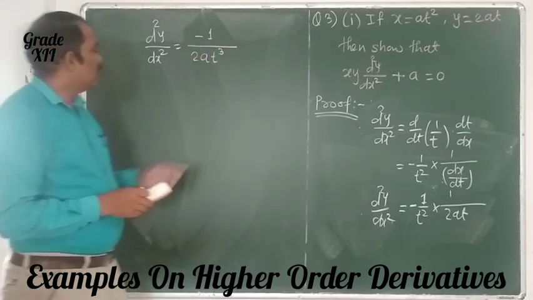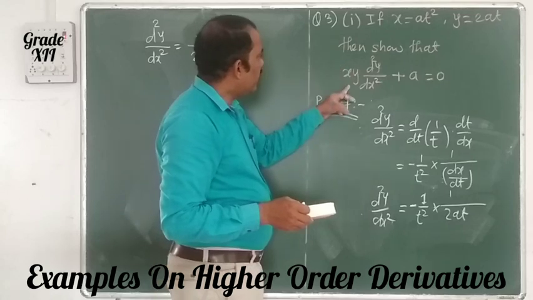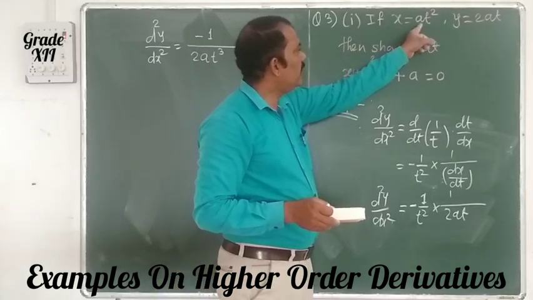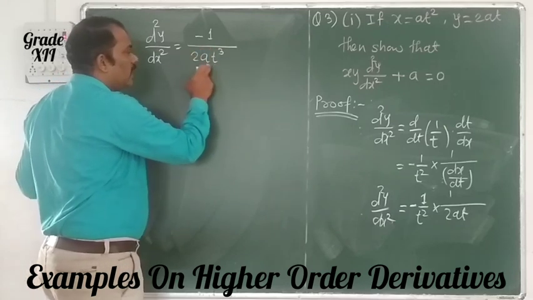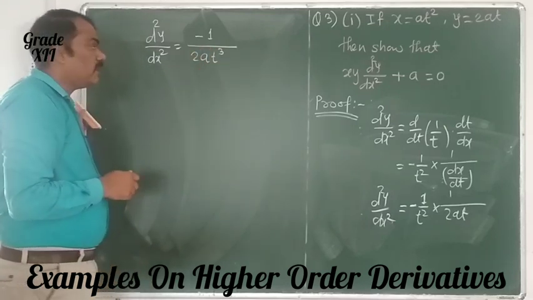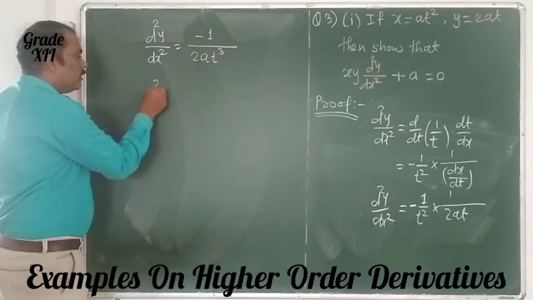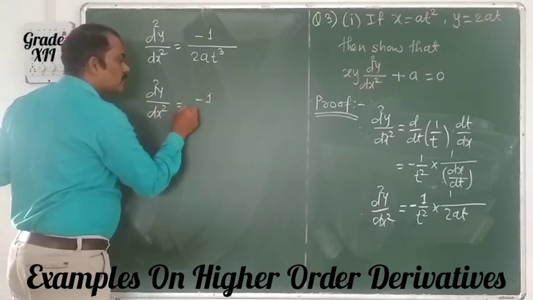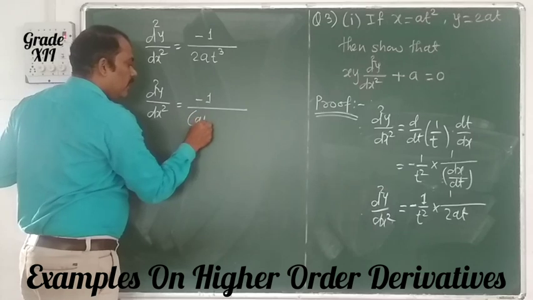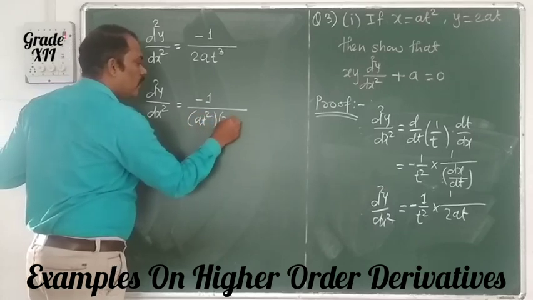Here we need x into y, that is at square into 2at. So we write this as at square into 2at, and what we get is d2y by dx square is equal to minus 1 divided by at square into 2at.